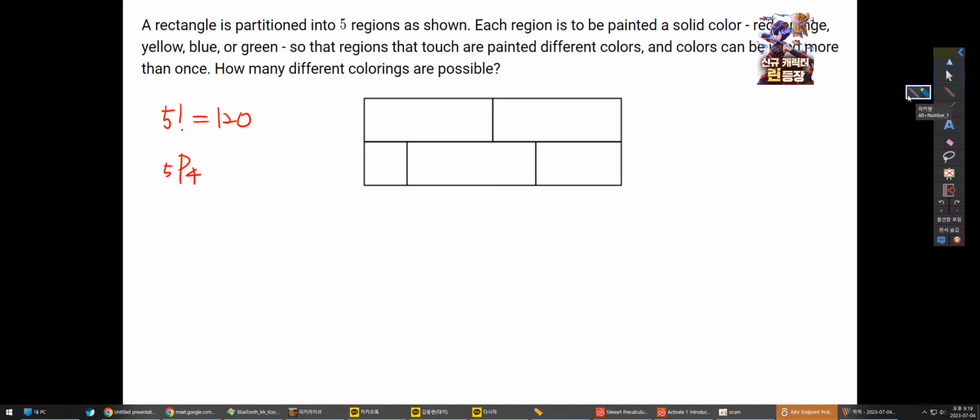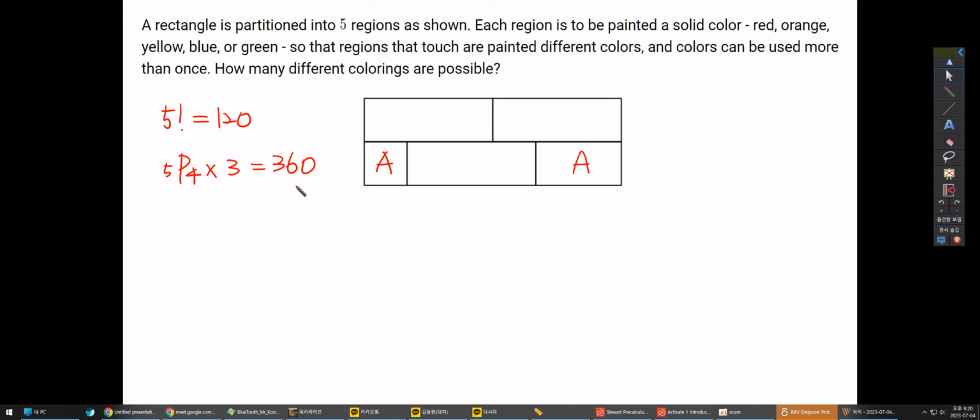or this way, they don't touch each other. That's another case. Or this case, they still don't touch each other. So there are 3 cases when we use the 4 different colors. So that's 360.